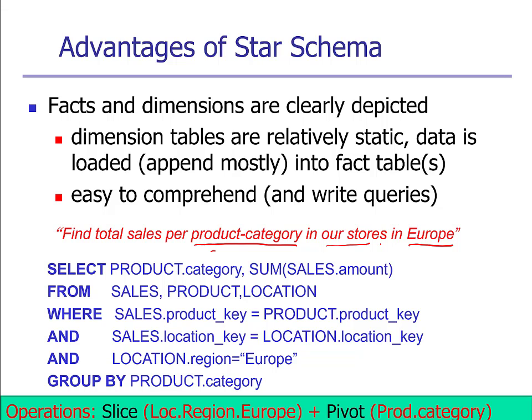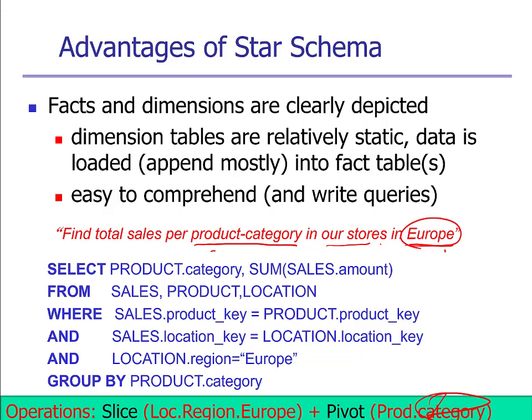So here what we're going to do is a slice on Europe, because this is the region that we're interested in. We're not interested in other regions, and then do a pivot on the category, because we want to have the total sales per category.